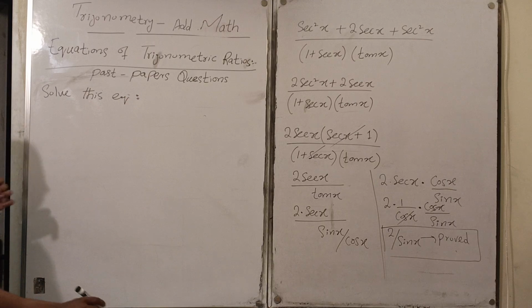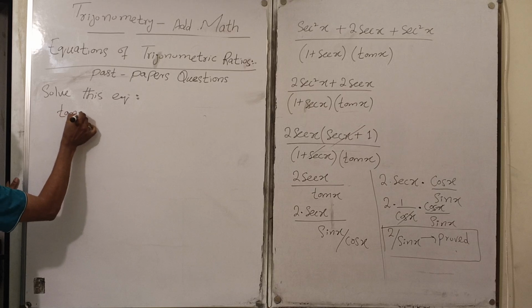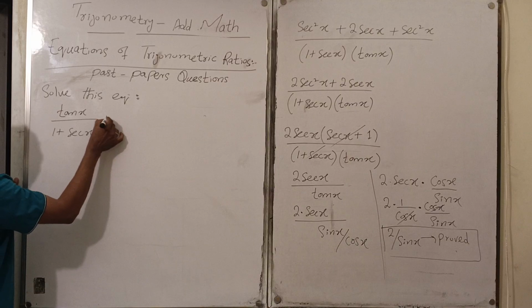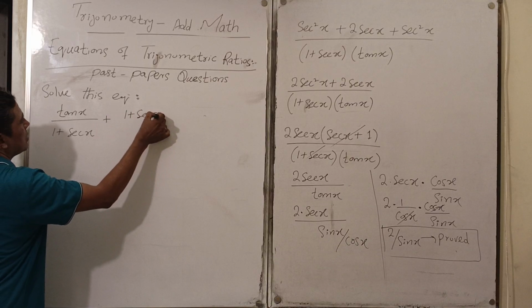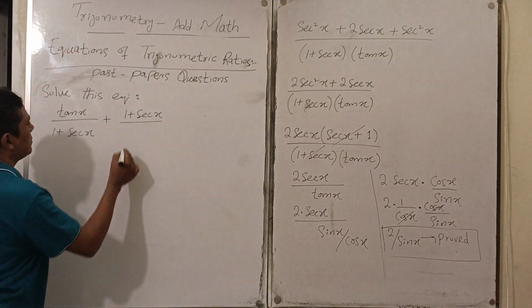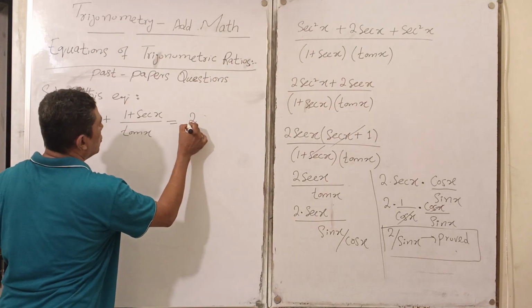What is the equation? Again you will have the tan x, same kind of question: tan x over 1 plus sec x plus 1 plus sec x divided by tan x, and it is equal to 2 over sin x.